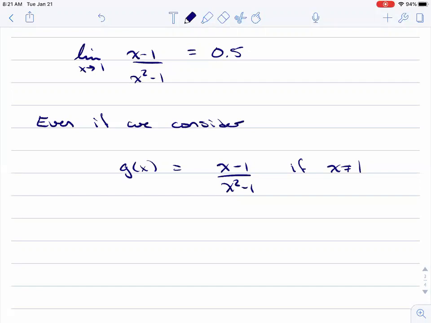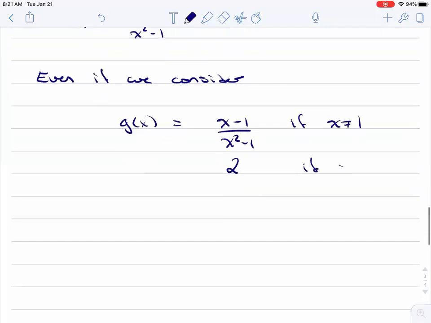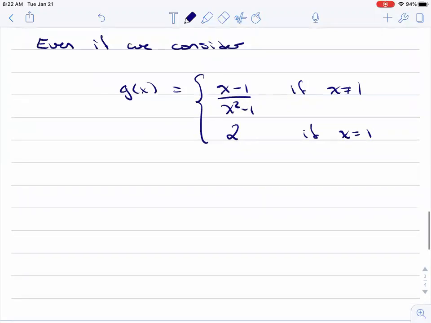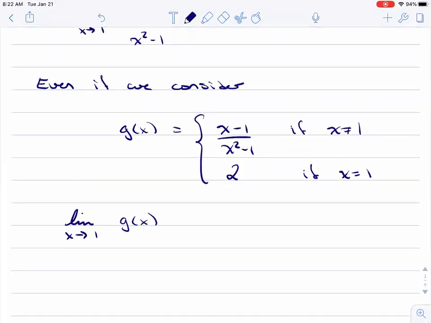So now we're saying, for all the x's not equal to 1, this is what g of x looks like, and it's going to be just 2 if x is equal to 1. So now we've got this piecewise defined function. The limit as x approaches 1 of g of x, we would probably want to say 2, right?